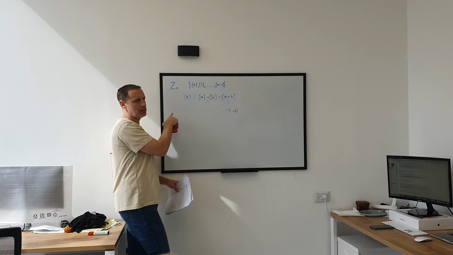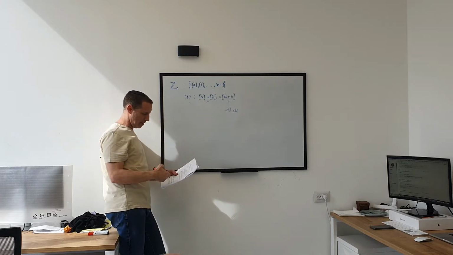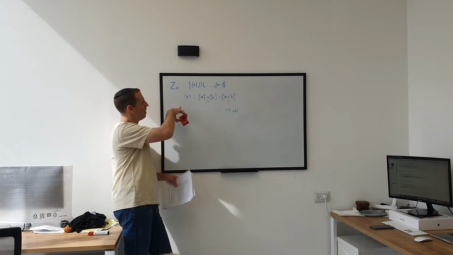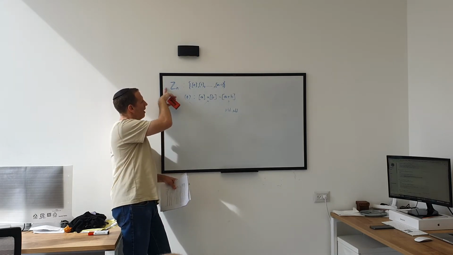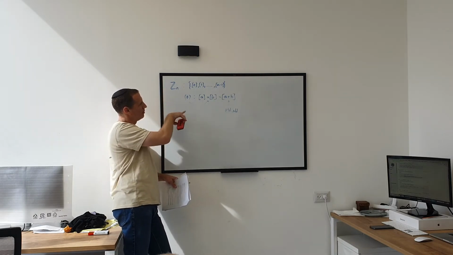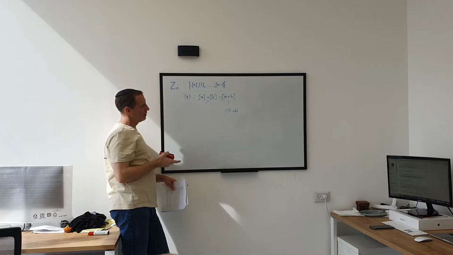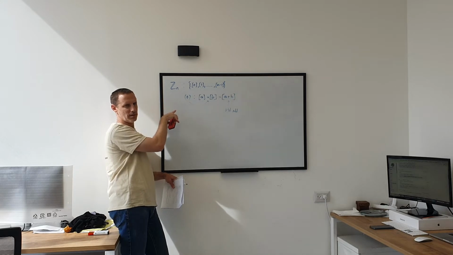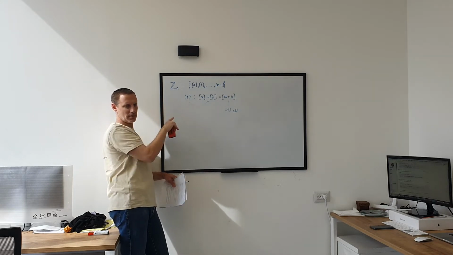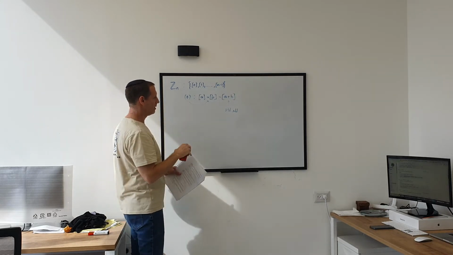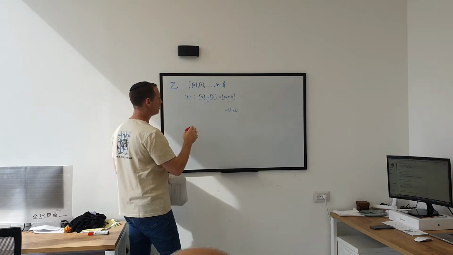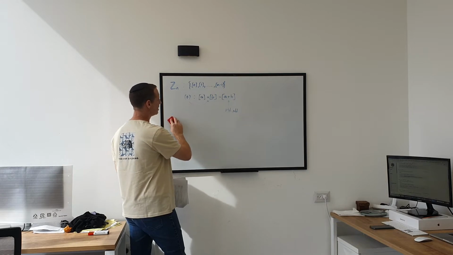Hopefully today we'll see how we can use this to create an isometry. There's another way of looking at this, which is isomorphic to this. Hopefully we'll get to it by the end of this session, but maybe we'll do it in the next session.